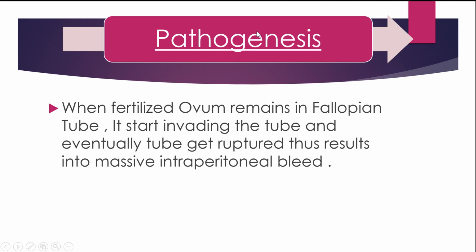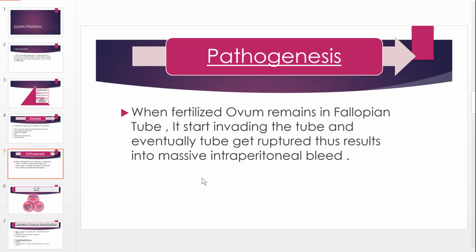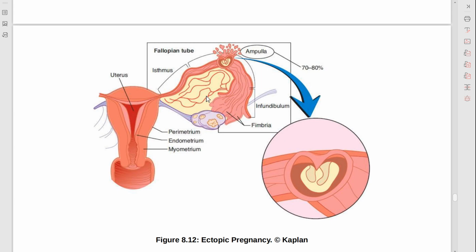Let's move on to the next slide, the pathogenesis. In order to understand the pathogenesis, let's have a look at the picture. Okay, this is the fallopian tube. The fertilization takes place in the fallopian tube and then the fertilized ovum moves from the fallopian tube to the uterine cavity.